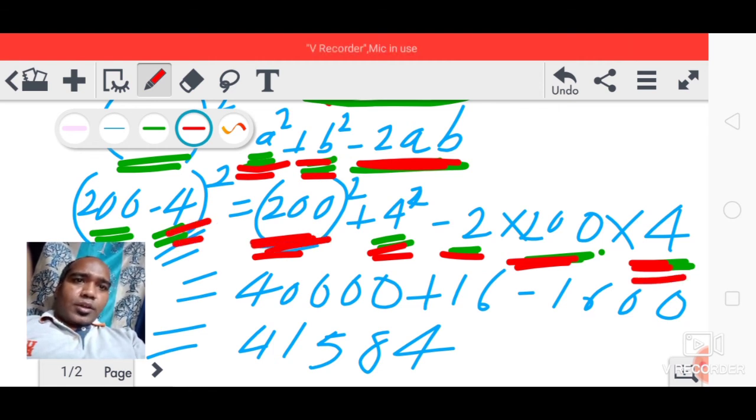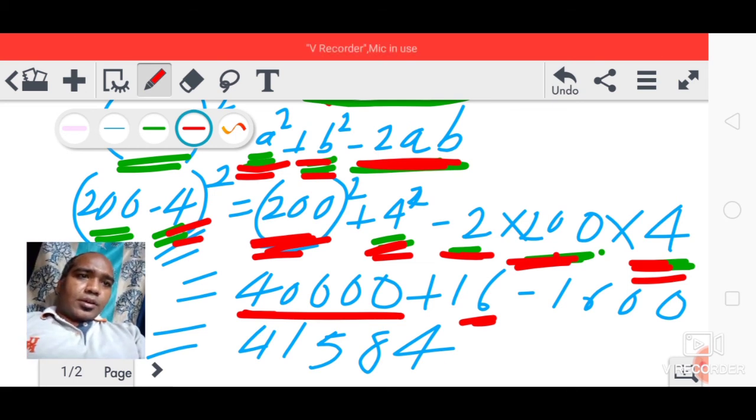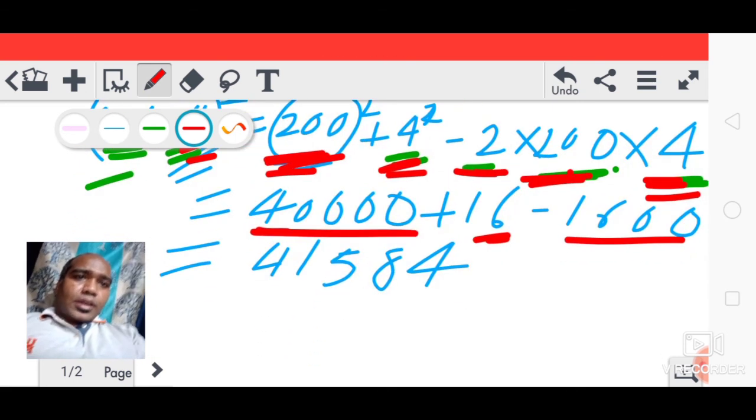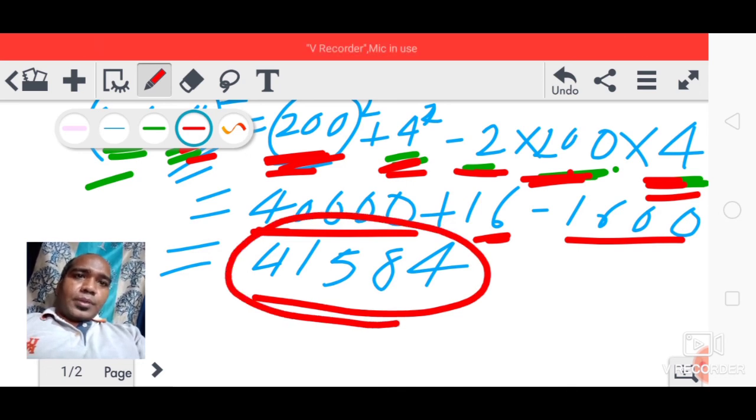Now 200 square will get 40,000 and 4 square will get 16. Minus 2 into 200 is 400, 4 into 400, how much will we get? 1600. So after calculating all, we'll get 51,584. I hope this is clear to you, isn't it?